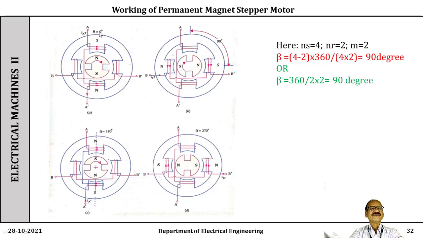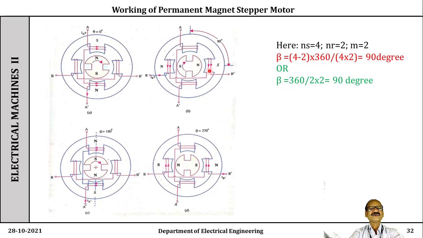Now when A plus is excited, let us excite the B winding, that is, pass the current B plus like this, and therefore the sense of current is like this. Looking from this side, it produces the north pole here and the south pole here.